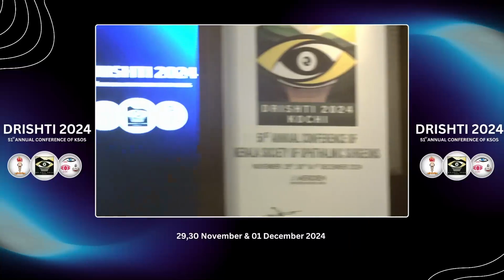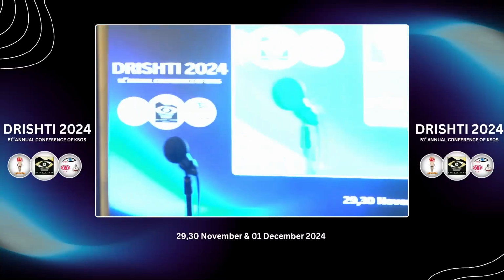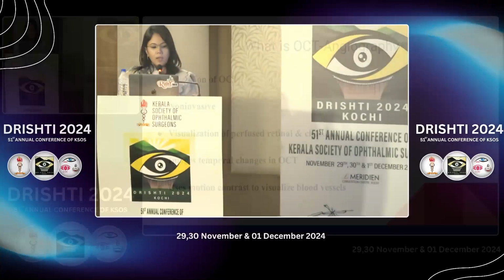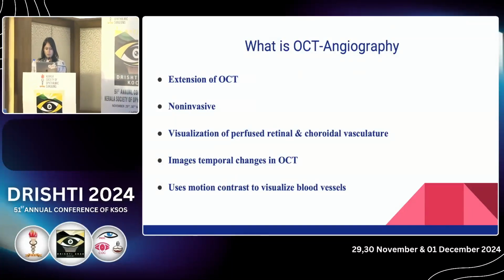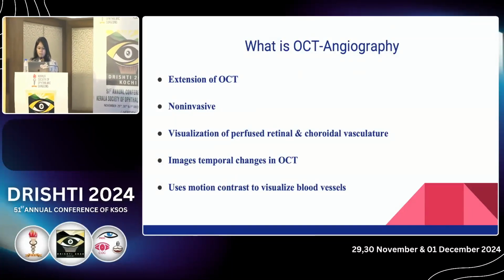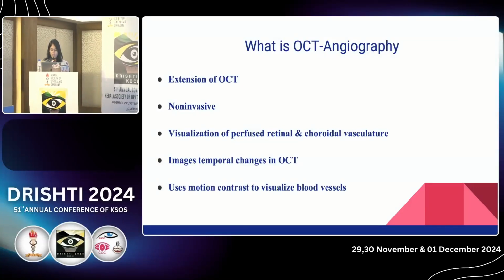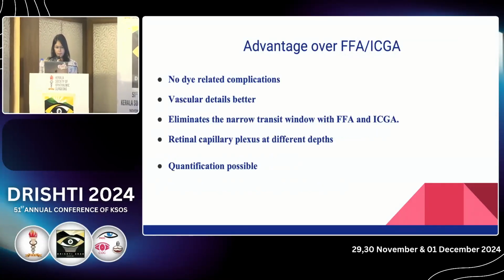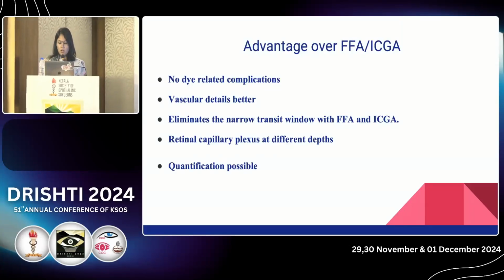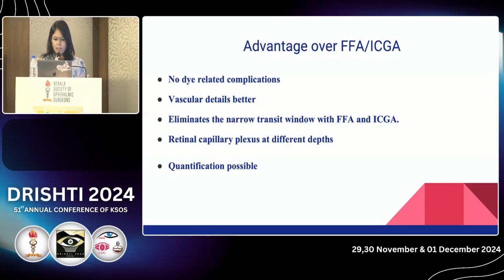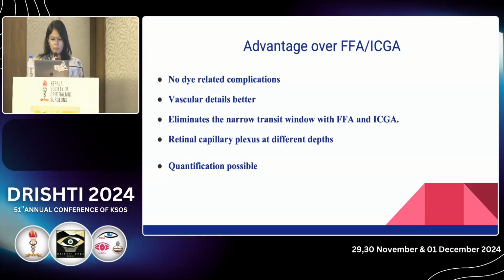Thank you. So OCT angiography is a non-invasive imaging modality, which is basically an extension of the OCT and which visualizes perfused retinal and choroidal vasculature by using motion contrast in a depth resolved fashion. Although OCTA is not considered superior to FFA and ICGA, it has certain advantages over FFA.